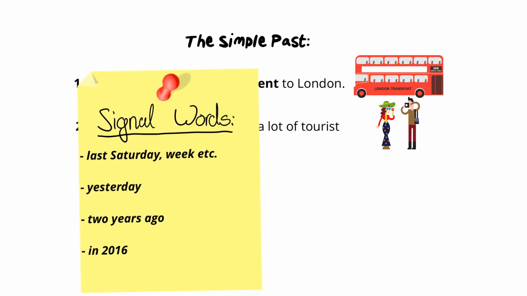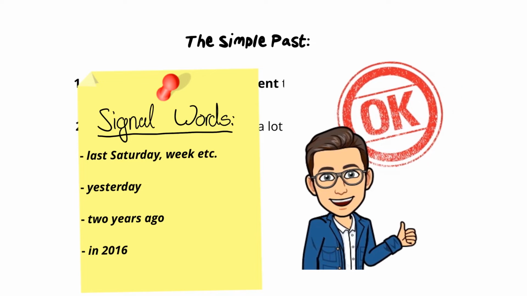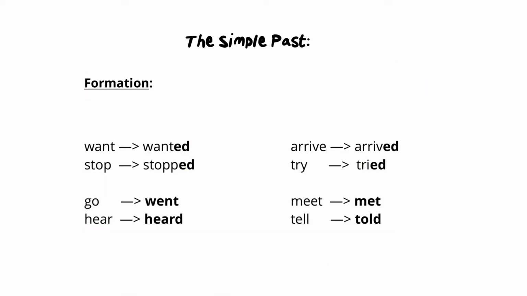Like, for example, last Saturday, last week, last weekend, yesterday, 2 years ago, or in 2016. Whenever you come across these signal words, you can almost be sure that the simple past is used in the corresponding sentence. Okay, so let's move on to the next slide.